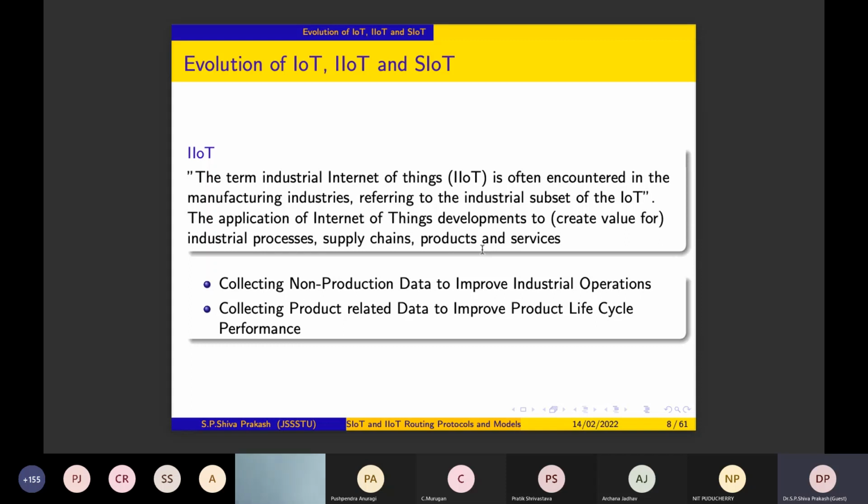So industrial IoT basically happens in the manufacturing industry, where we call it a subset of IoT, okay, where we try to collect the non-production data and improve the industrial operations, and also collect the product related data and improve the product life cycle performances.